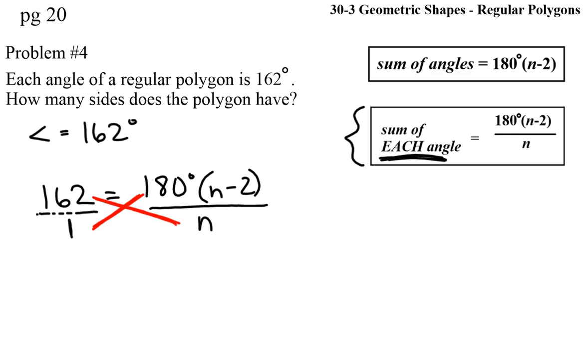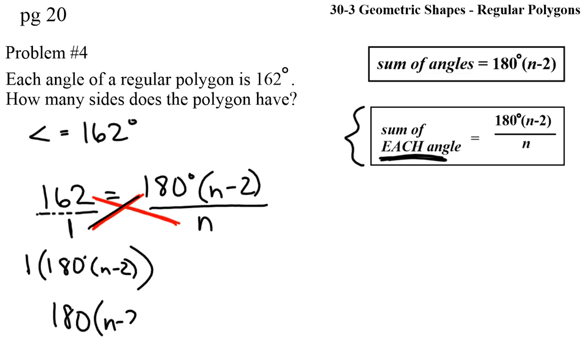I cross multiply, so 1 times 180 times (n minus 2). If I multiply 1 by that, I just get it. 1 times anything is just that thing. But I also have 162 times n. And remember, when we cross multiply, these have to be equal to each other. So this equals 162n.